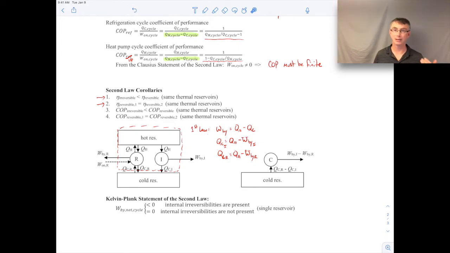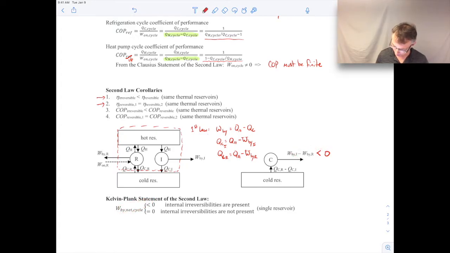It's just another form of the Kelvin-Planck statement of the second law. Now in our case, we do have internal irreversibilities, because our combined cycle has an irreversible component to it. So the net work we're getting out of it must be less than zero. That's coming straight from here.